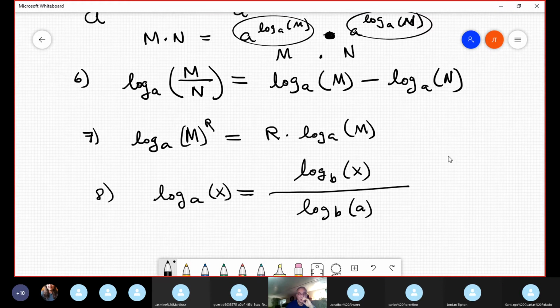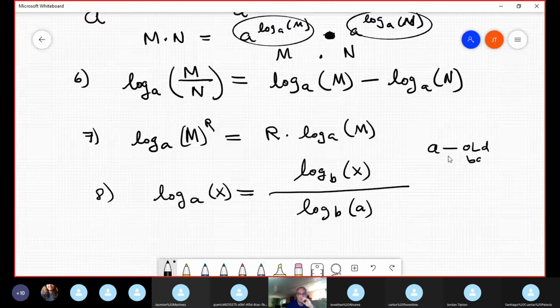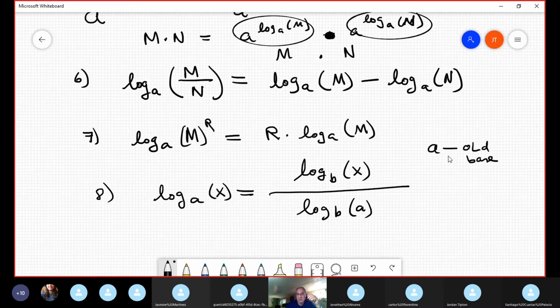Repetition again: a represents the whole base, the original base that you don't like because maybe it's non-standard and I need to solve it by calculator. And b is frequently the new one, which in the majority of cases is the standard, because we can use the calculator. Maybe 10 or maybe e.